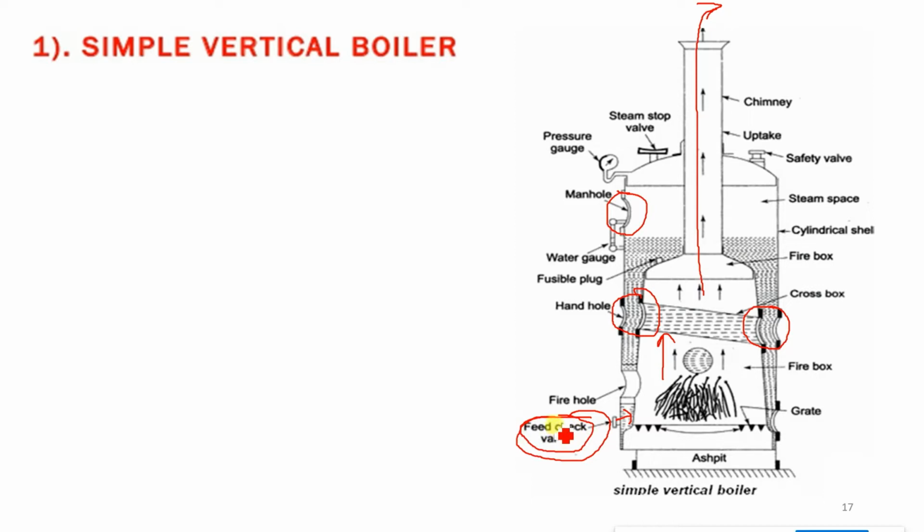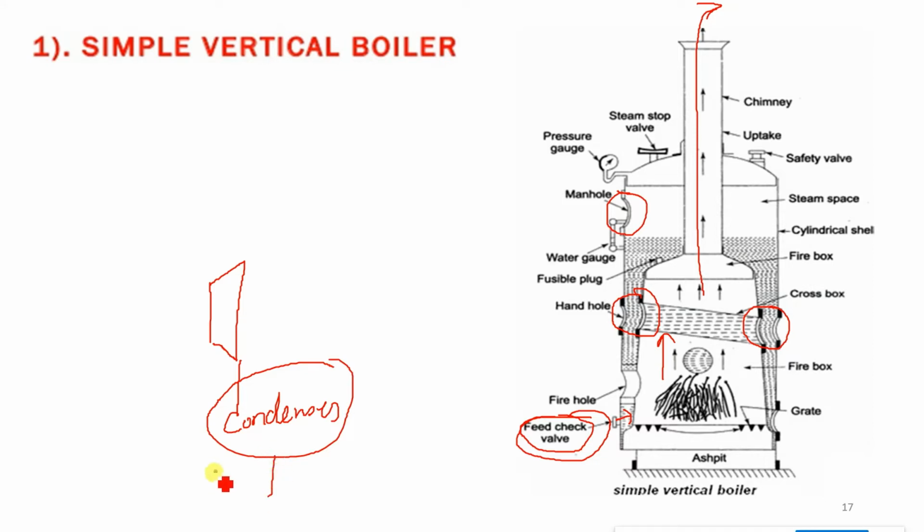The feed check valve takes water from the feed pump, and the feed pump takes water from the hot well. Look here. From the turbine, water is collected and supplied to the condenser for cooling, and then from the condenser it is collected in the hot well.